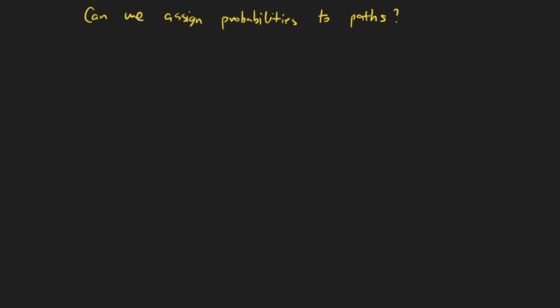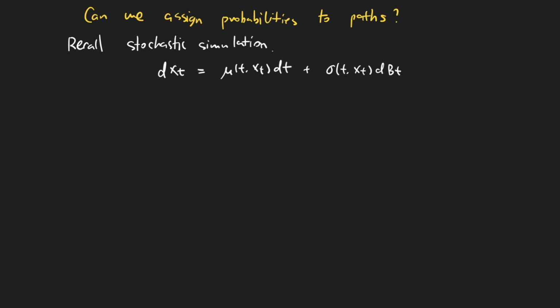Okay, so before we get into the path integral, let's recall the stochastic simulation that we talked about before. Let's start with a process given by a stochastic differential equation. The idea is that we can break time into intervals of delta t. Then we can use the stochastic differential equation to gradually generate a path using the increments.